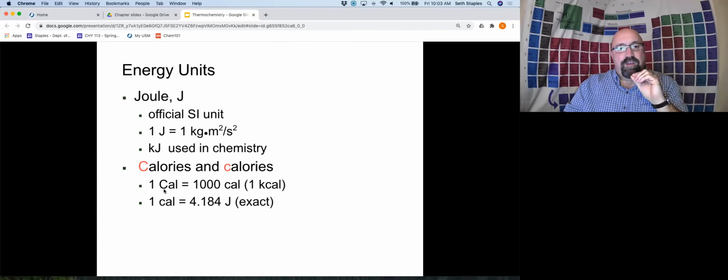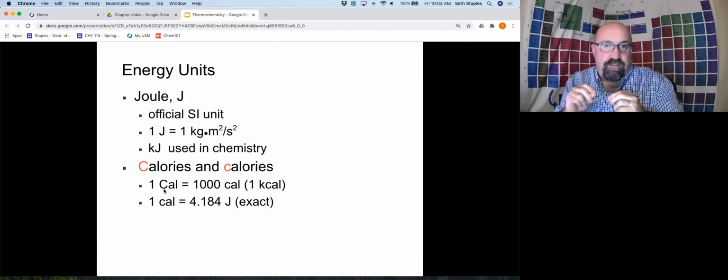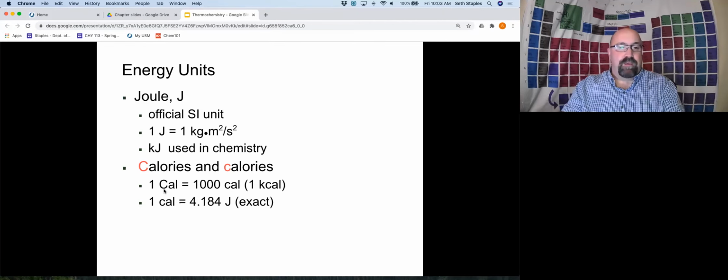A calorie with a capital C is your nutrition calorie. So when you're looking at the nutritional label of your Twinkie, or whatever food you might be eating, it's always, or officially anyway, a capital C. So 1 food calorie equals 1,000 calories, or 1 kcal, for what we use.